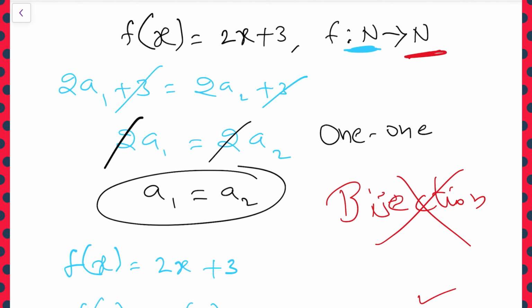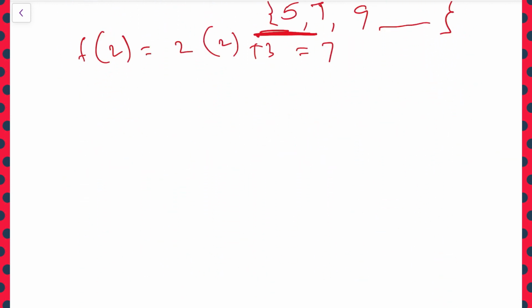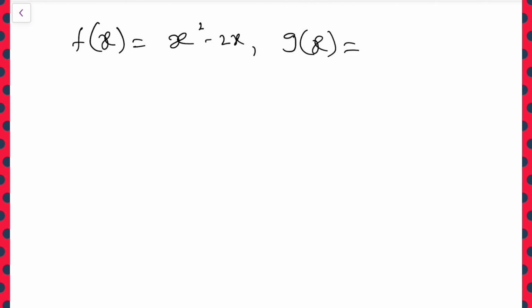Next example, he said about equality of functions. One of the very easy topics. f of x is equal to x square minus 2x, and one more function g of x is equal to minus x plus 6.